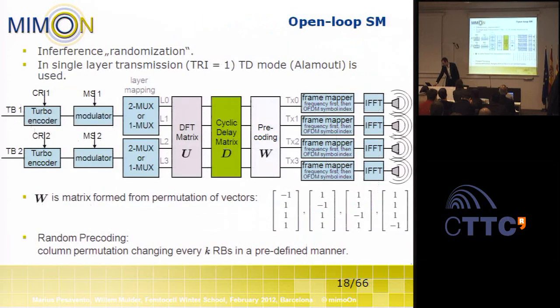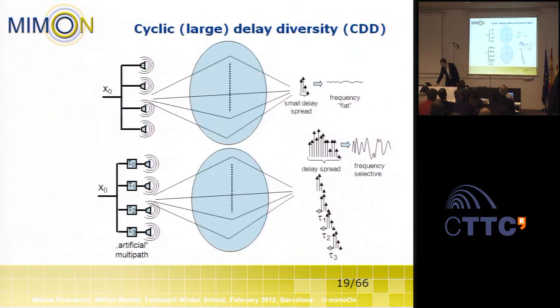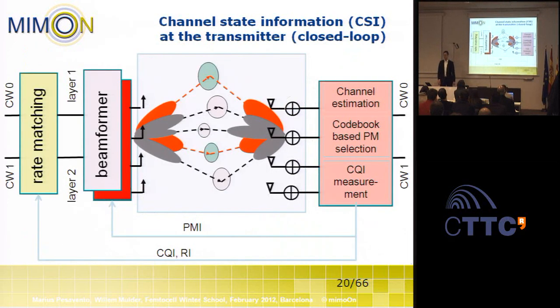So let us take a look at how this is enabled in an LTE system. As I said, this requires feedback from the receiver, or it requires channel state information at the transmitter.